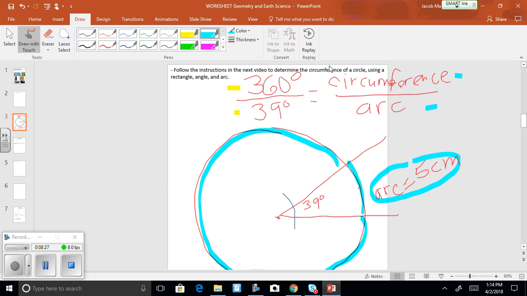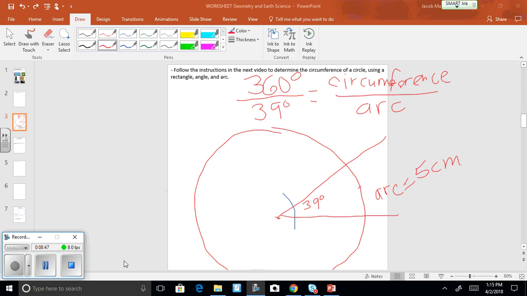So they have a relationship. The circumference is the whole circle, the length around the whole circle, just like 360 degrees is the degrees around the whole circle. And this little piece here, this 39 degrees, is your angle between these two lines, just like your arc is the distance in between those two lines. So they're proportional, they're related to each other.